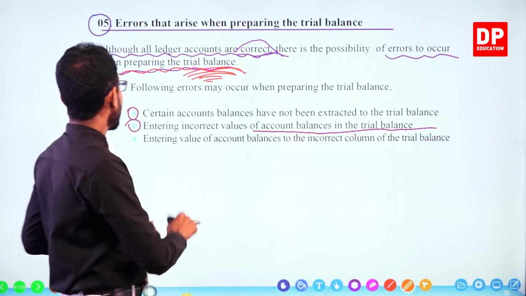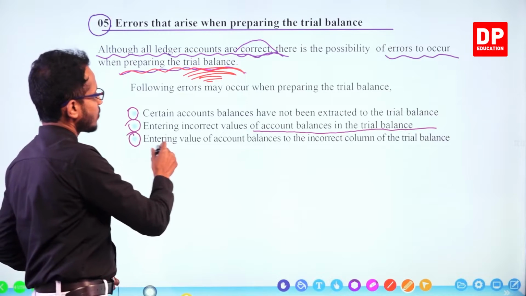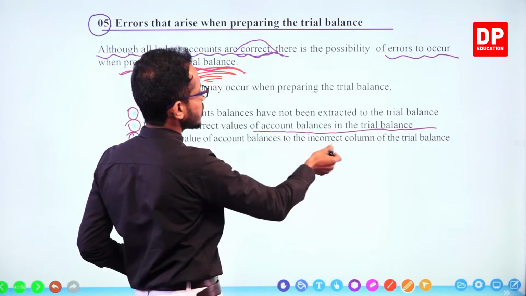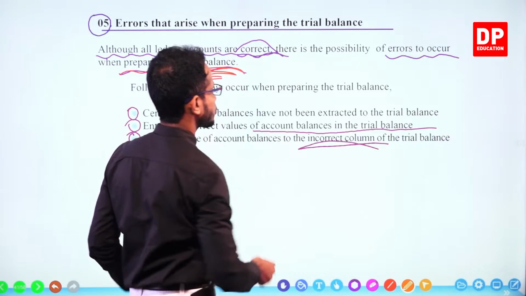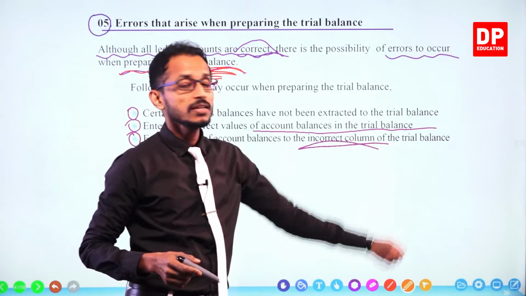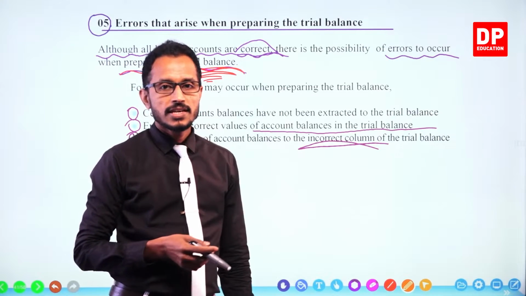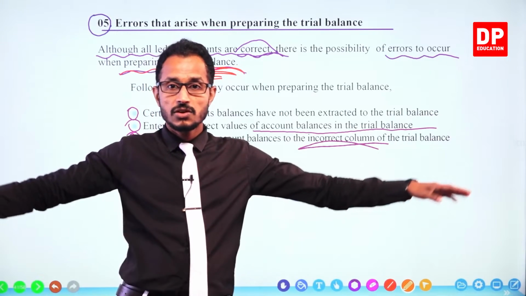Third, entering value of account balances to the incorrect column of the trial balance. Again, it will affect the trial balance. It will not balance.